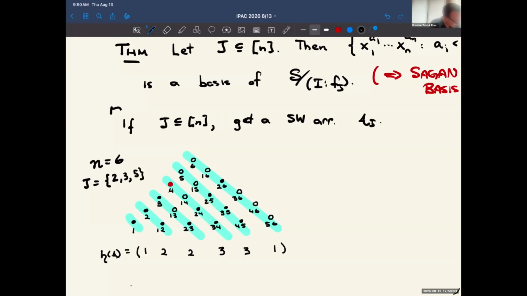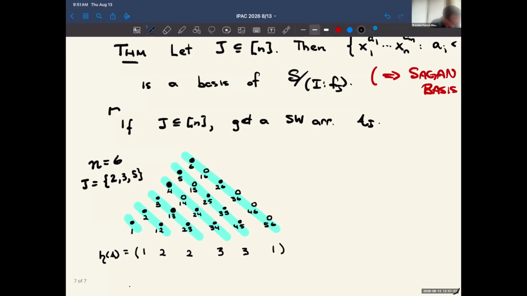So the way that you define AJ is you include all coordinate hyperplanes. It's kind of always there. And if I see an entry that is not in J, I include all hyperplanes in the corresponding San Diego to Boston diagonal. And if I see an entry that is in J, I don't include any hyperplanes in that diagonal. So 2 is in J, no hyperplanes. 3 is in J, no hyperplanes. 4 is not in J, all the hyperplanes.